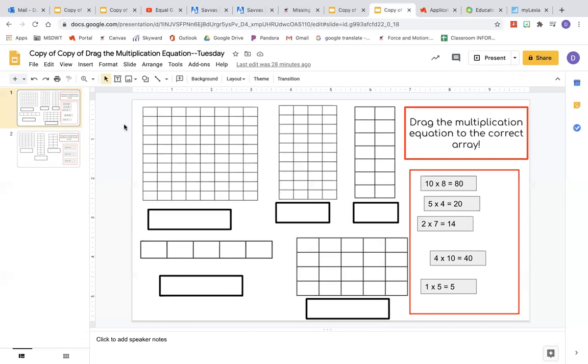How many total rows do I have? 2, 3, 4. All right, I need way more people participating. I got 4 people. I have way more than 4 people in this class. How many rows do I have? 1, 2, 3, 4, and keep counting. There we go. Thank you, guys.